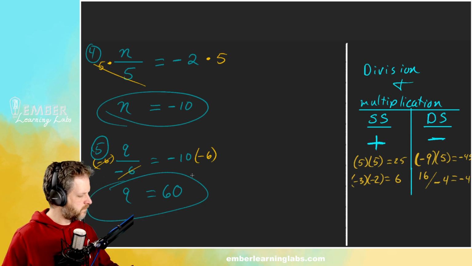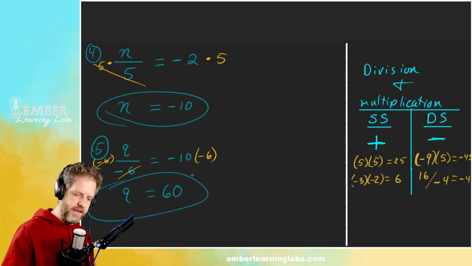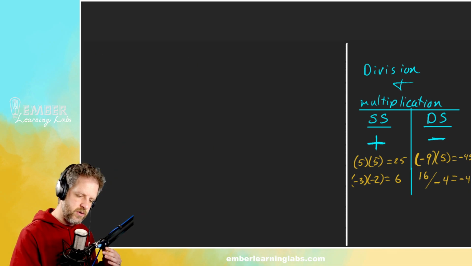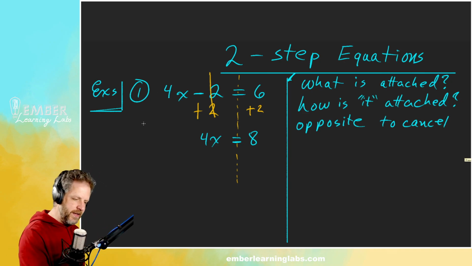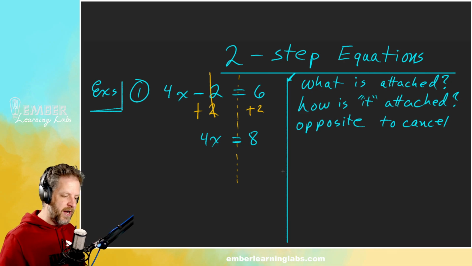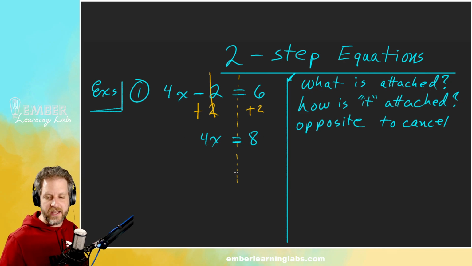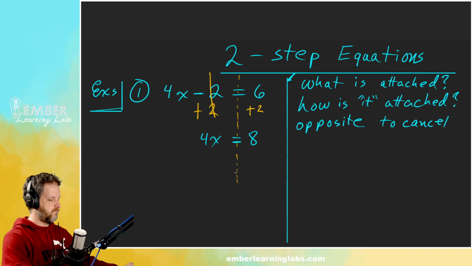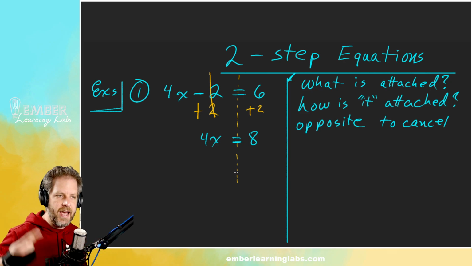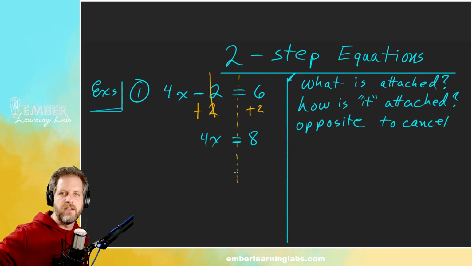Beautiful. All right. I think we've got the hang of those. Let's jump back to our 2 steps. All right. So this is where we were on this problem, right? So now we're back to kind of a 1-step equation, just like what we've been doing today. How is that 4 attached to the x? Is it added, subtracted, multiplied, or divided?